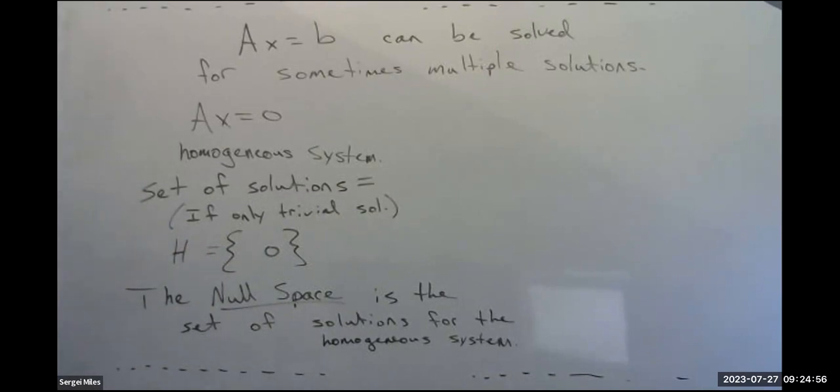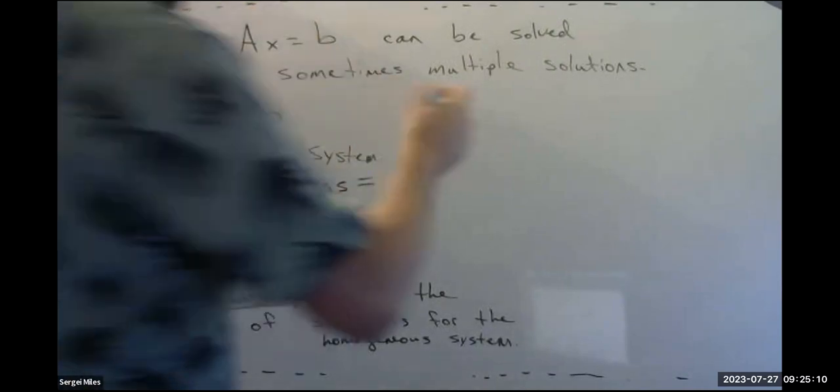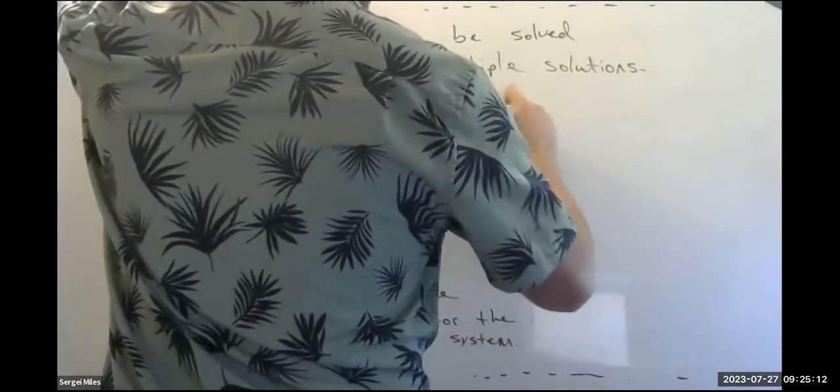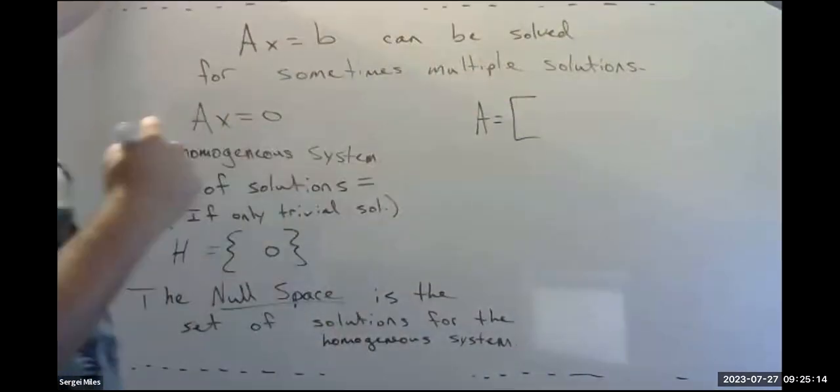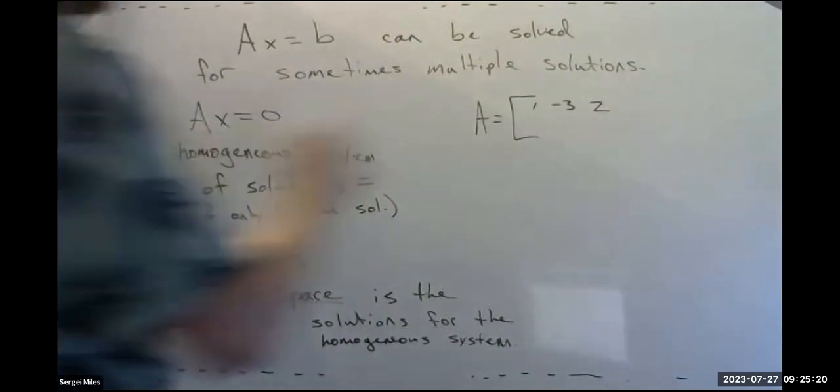But what if A ends up having a free variable? Then we have non-trivial solutions, and the null space gets bigger. Okay, well, what's an example of that? Well, in particular, we can think about the case where A equals 1, -3, 2. Oh, sorry, -2.